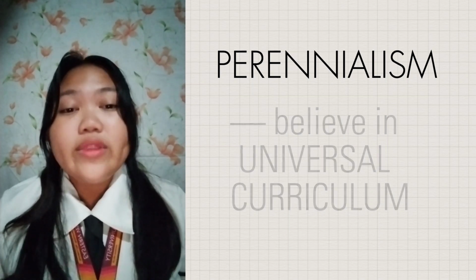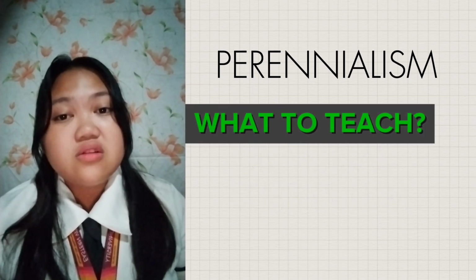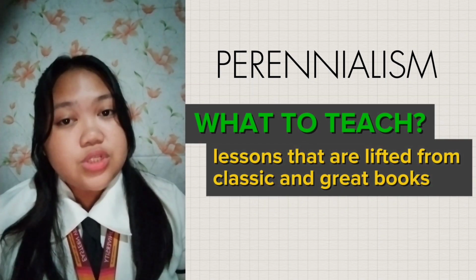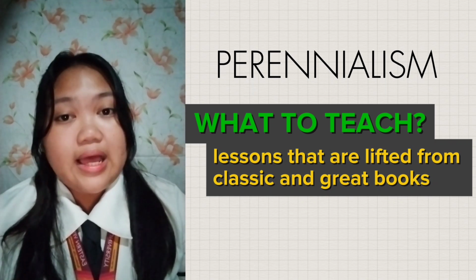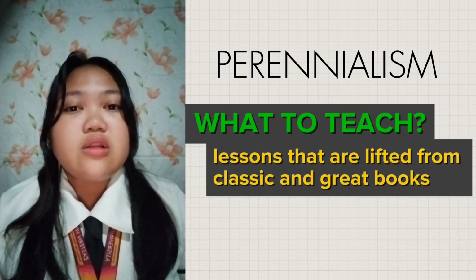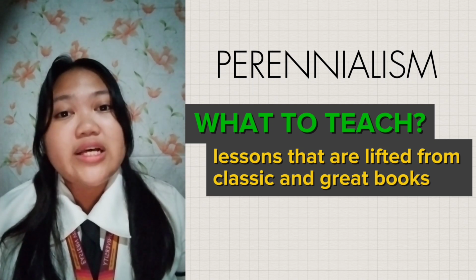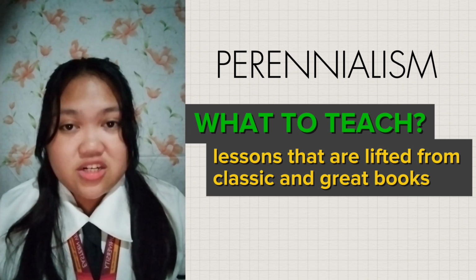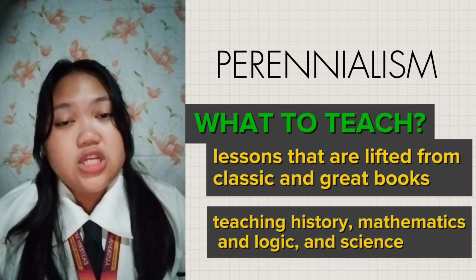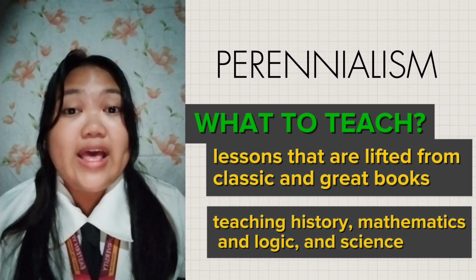That is why a perennialist teacher focuses on teaching subjects considered to be universally important and enduring, usually lifted from classic and great books like the works of Shakespeare, Hamlet, Plato, and many more great thinkers. This also includes teaching history, mathematics and logic, and science.